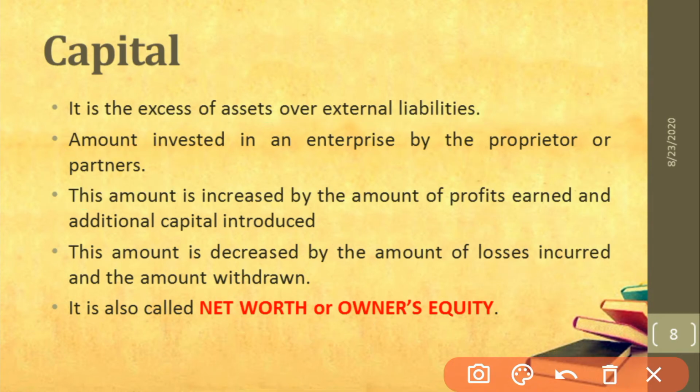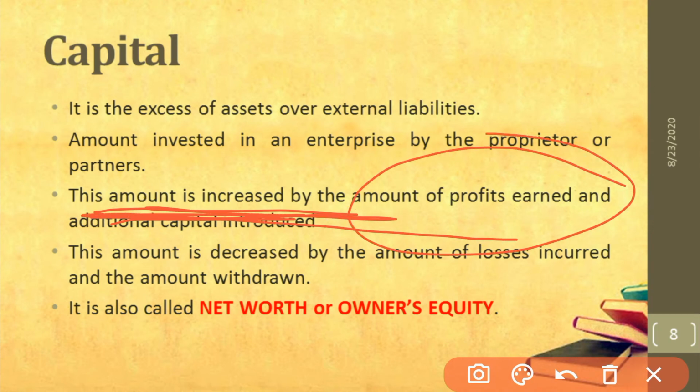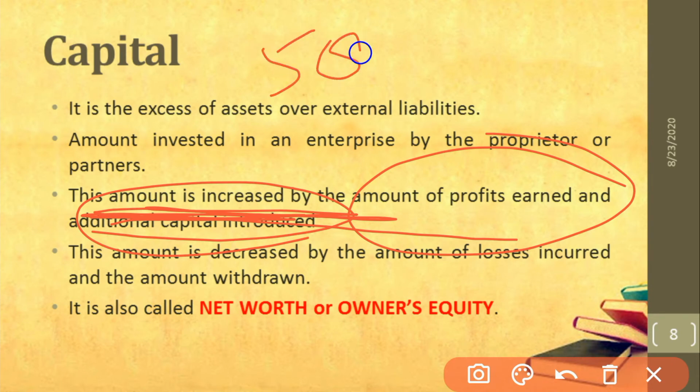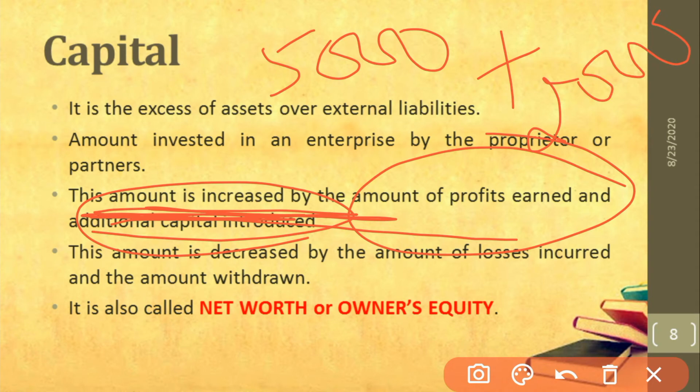Further, this amount is increased by the amount of profits earned and the additional capital introduced. Suppose initially I have invested 5,000 in my firm, and this year I am investing 2,000 more, so my capital will be increased to 7,000 this year.